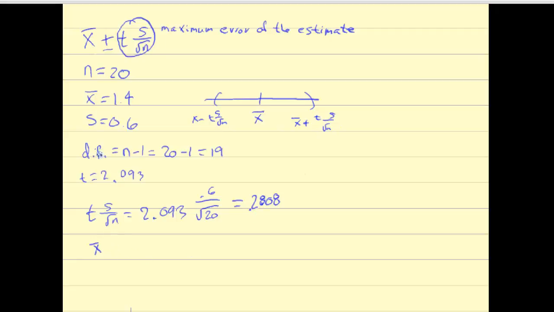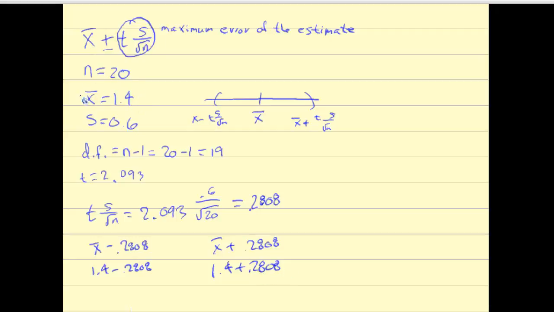So x bar plus or minus t times s over the square root of n. So we'll go x bar minus 0.2808, and then x bar plus 0.2808. x bar in the problem was 1.4, so we'll have 1.4 minus 0.2808 and 1.4 plus 0.2808. Now, I went out to 4 decimal places here. That's more than we needed, but I wanted to illustrate something.